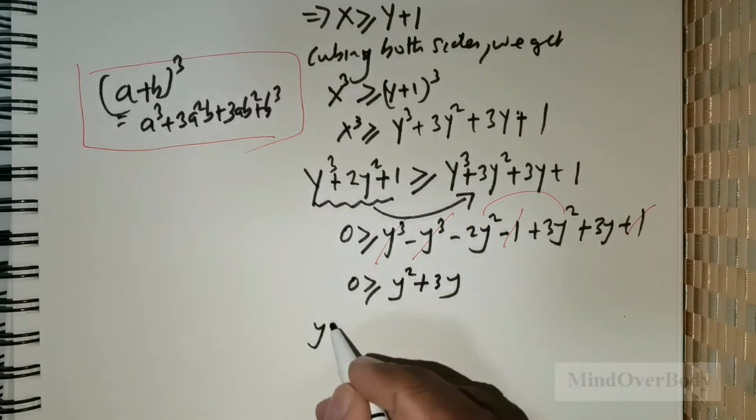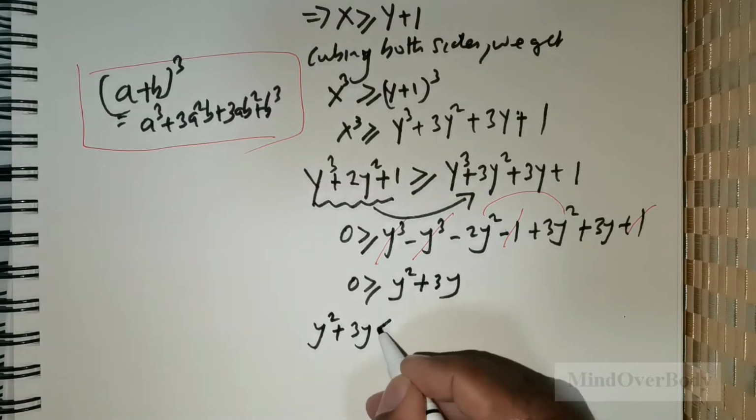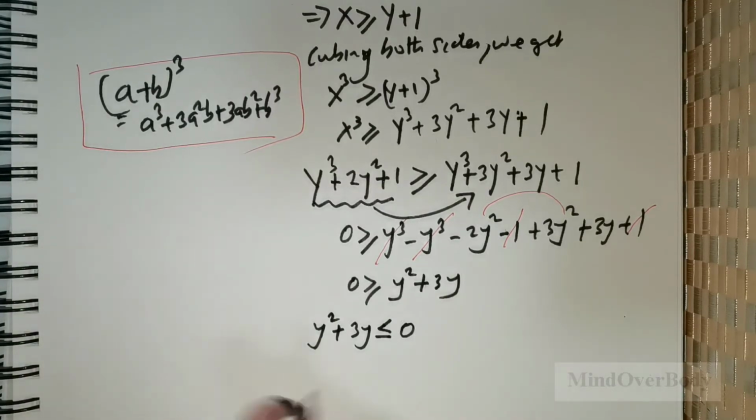I can rewrite this as y squared plus 3y is less than or equal to 0.